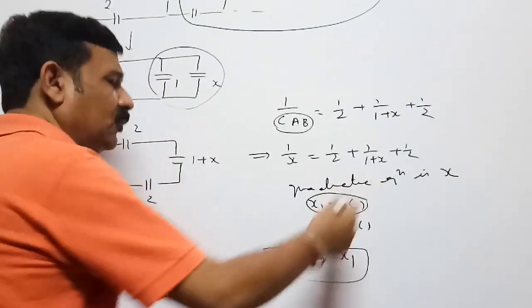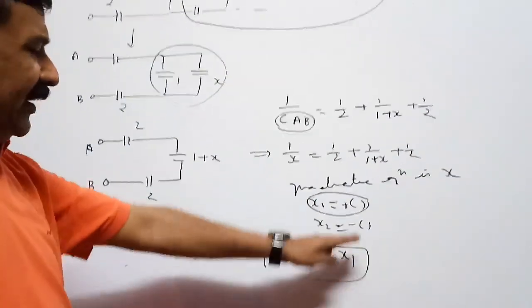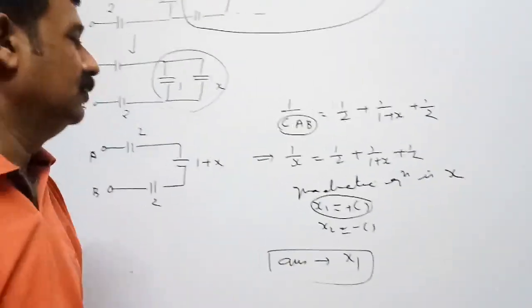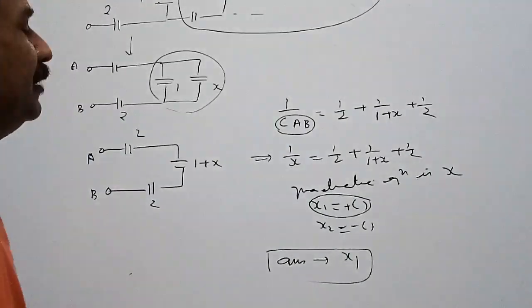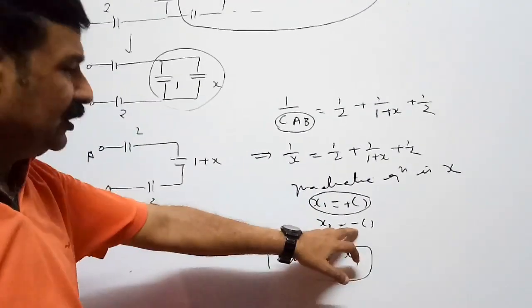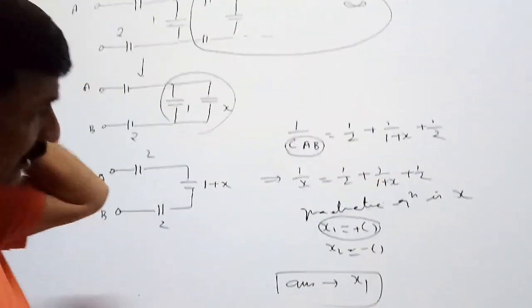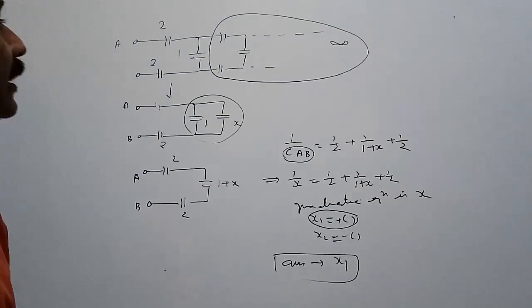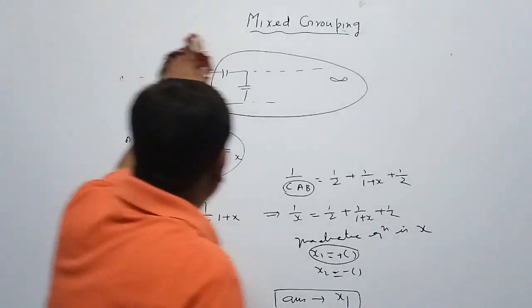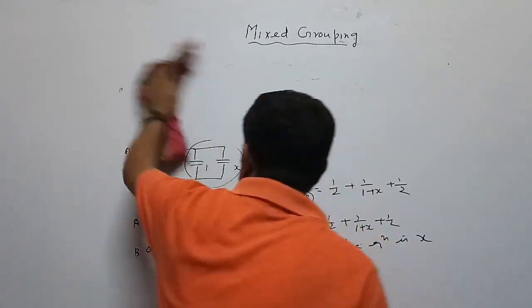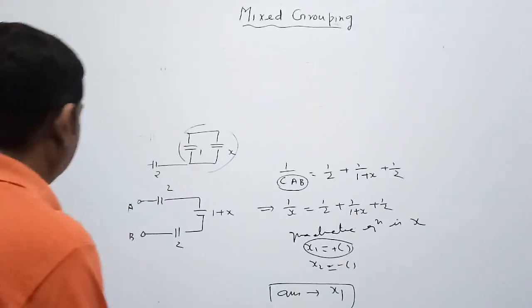If x1 comes as positive, the result will be x1. If x2 comes as positive, the result will be x2. Why are we saying this? Because the capacity of any capacitor cannot have a negative value. This is the method to find the capacity of an infinite ladder. This is important for your competitive exams also.